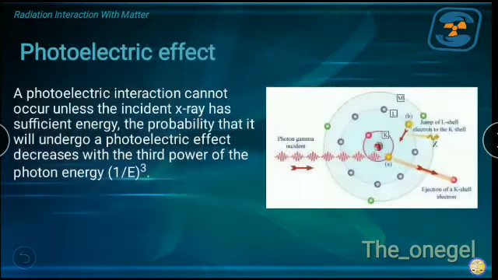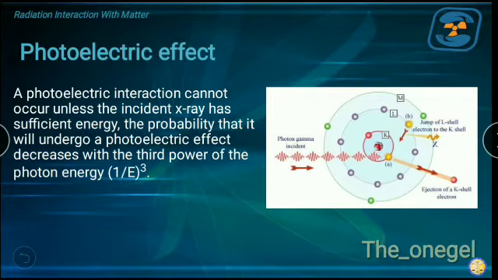Let's give a summary of the photoelectric effect. First, the energy of the photon is in the diagnostic energy range, from 30 to 150 kiloelectron volts. The site of interaction is the inner shell, as compared with the Compton effect, which is the outer shell.